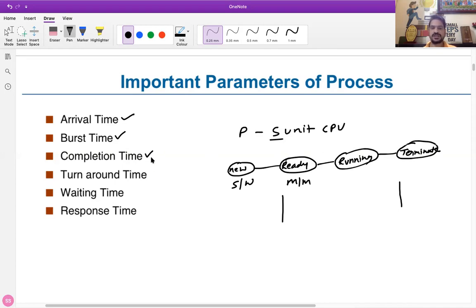So here this is the time instance, and this is the time duration.